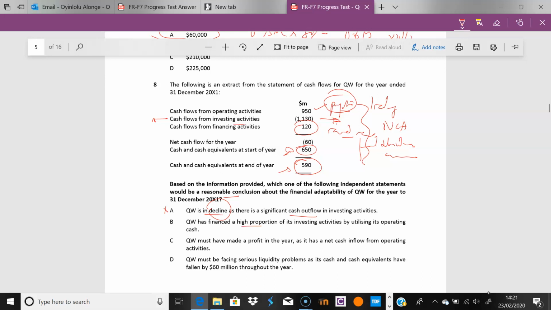QW has financed a high proportion of its investing by utilizing its operating cash. That does make a lot of sense. We have the cash coming in here. You haven't financed from financing, because here we would have had any loans and any equity issues, and they would have come in this section, but we don't see that. We see a lot of the money coming in through operating activities. So we can argue that this is true, but let's just look at the rest.